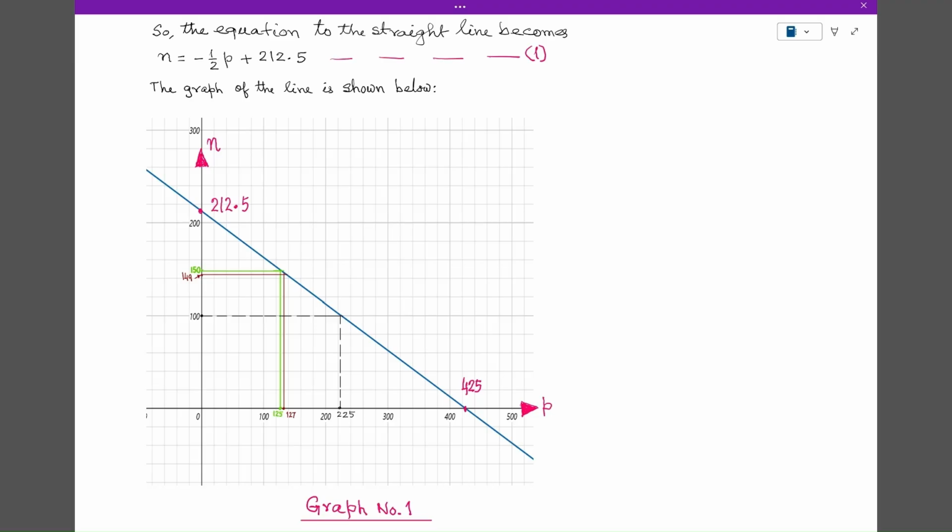That is, when the number sold is 150, the price is 125. When the price is 127, the number sold is 149, and so on. We see that this graph crosses the x-axis at 425 and the y-axis at 212.5.